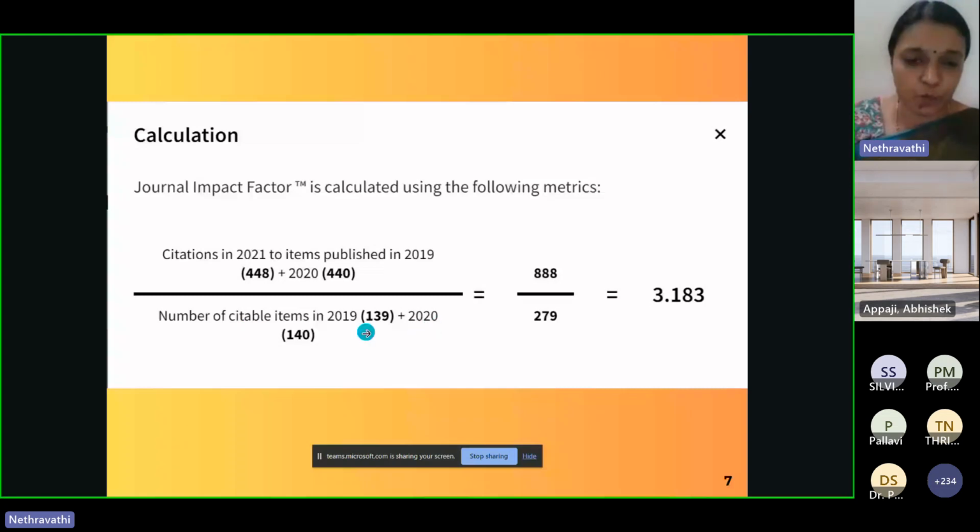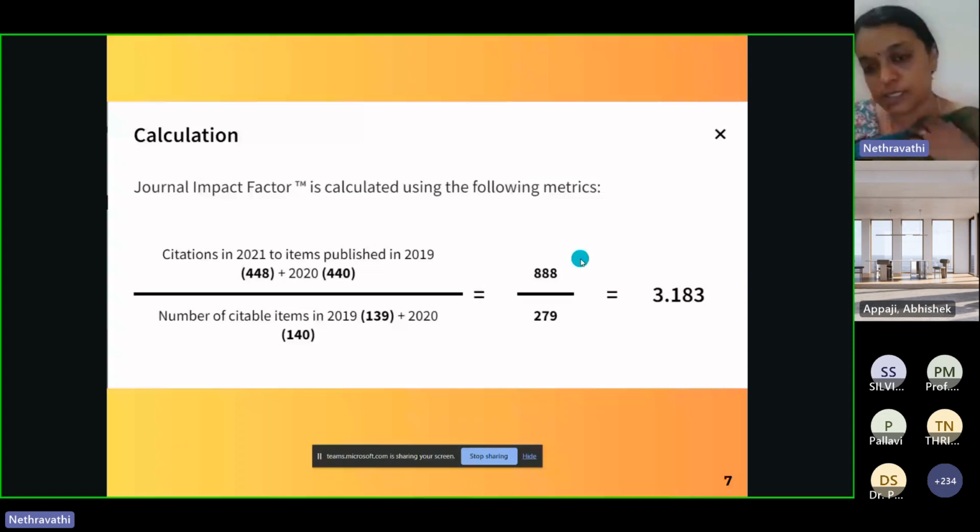It published 139 and 140, so the sum comes to 279, and the ratio is 3.183. This ratio, 3.183, is what is called the impact factor of that journal. Okay, so this is one example.